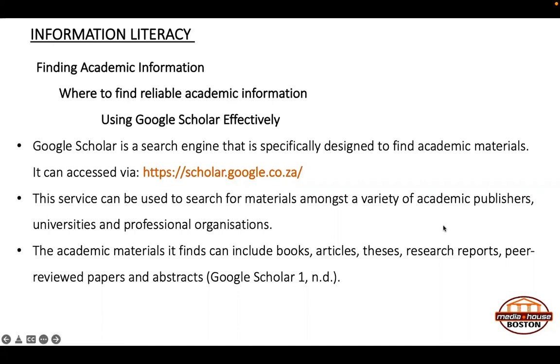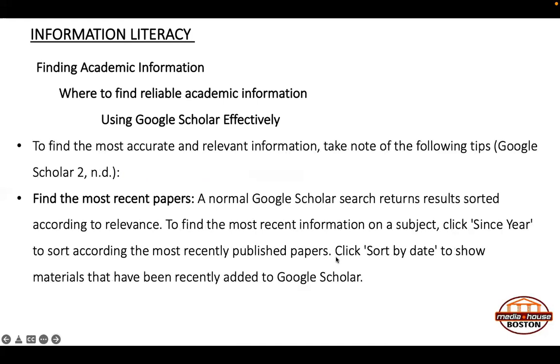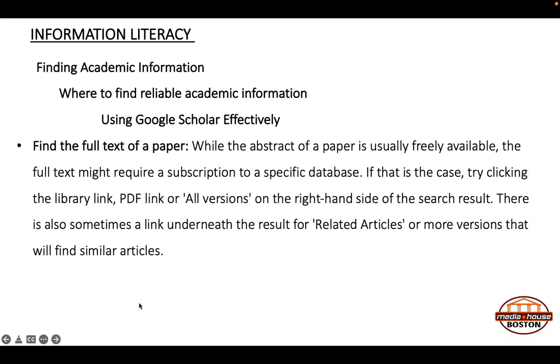Okay, cool. So if it's something new, that's great. I am, in fact, teaching you something. So we can find books, articles, theses, research reports, peer reviews, papers, and abstracts in Google Scholar. I will take you to it now. So how do we find the most accurate information? We can find the most recent papers by clicking on Since Year or by Sort by Date, and we can find information. Let me just take you to it rather.